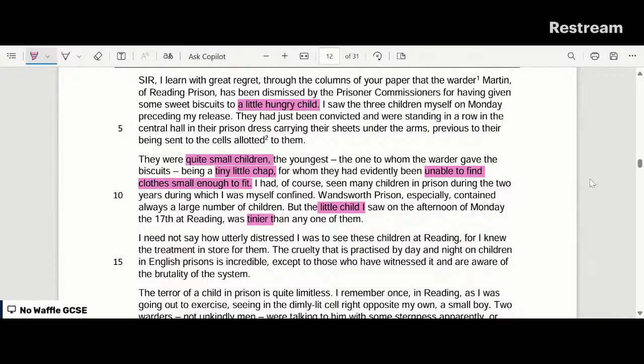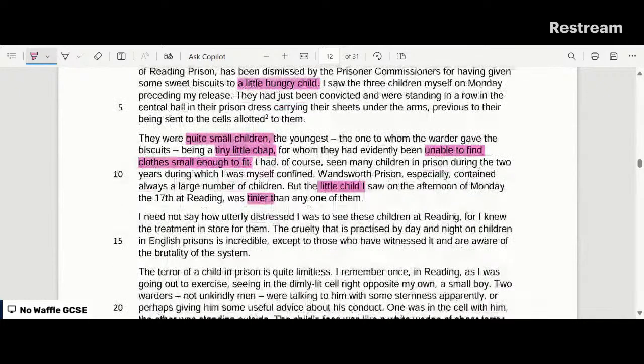It's that method of rhetoric, convincing the warden he's sending a letter to that they deserve to not go to jail. Okay, I need not say how utterly distressed. So you've got the amplifier here, utterly distressed. I was, for I knew the treatment in store for them, the cruelty.